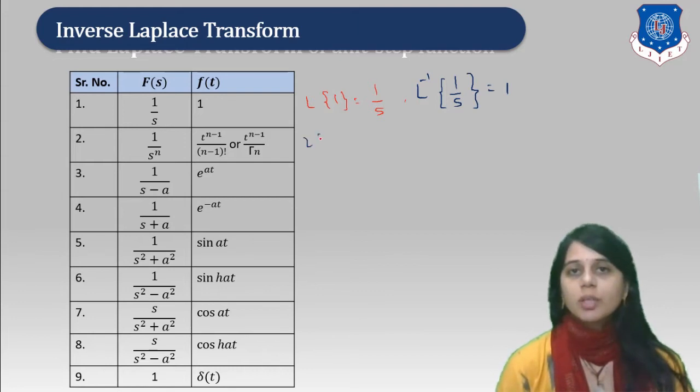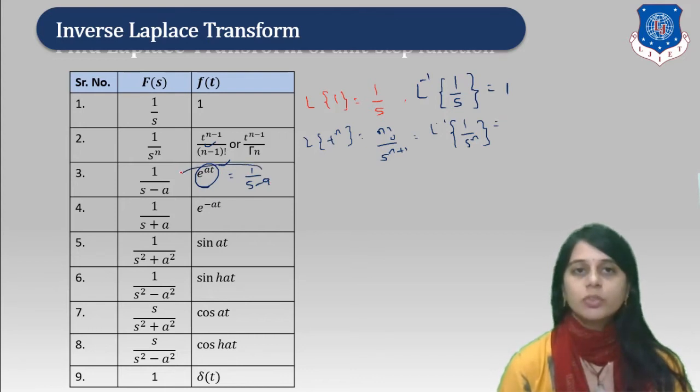Now Laplace of t raised to n is n factorial upon s raised to n plus 1. So here Laplace inverse of 1 upon s raised to n, we are taking t raised to n minus 1 upon n minus 1 factorial. Similarly, Laplace of e raised to at is 1 upon s minus a. So inverse of this is e raised to at.